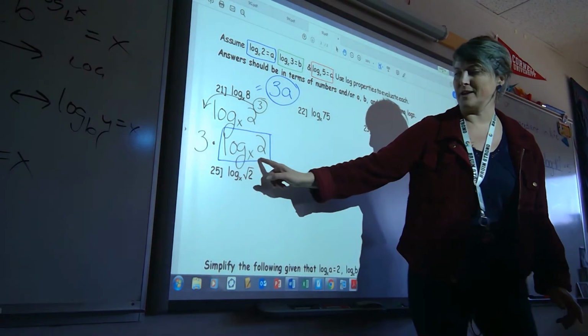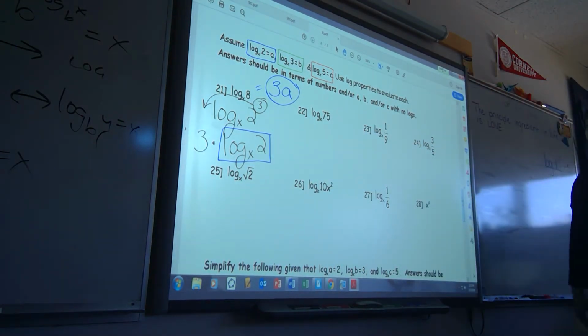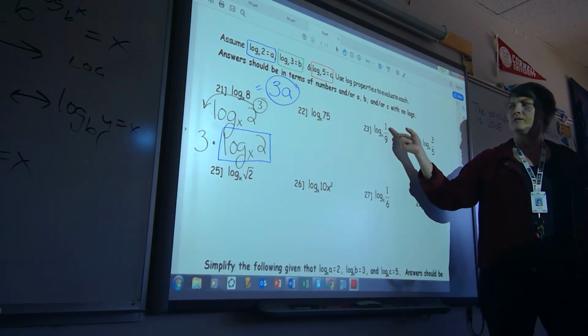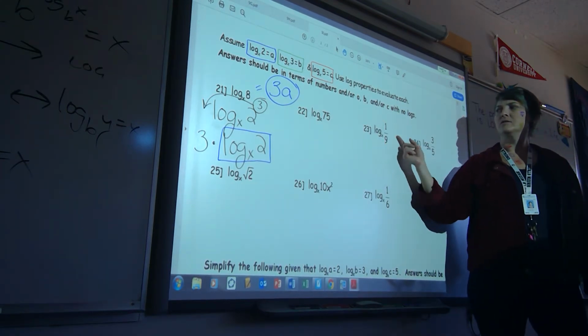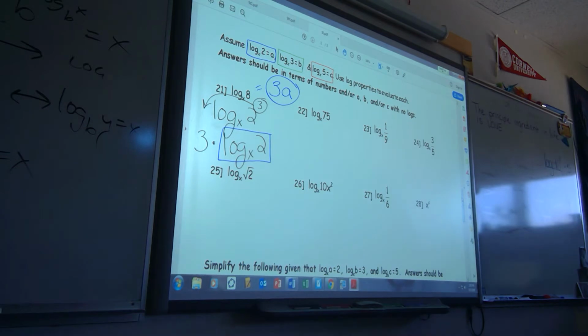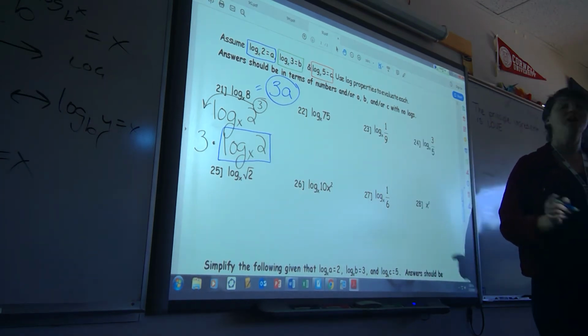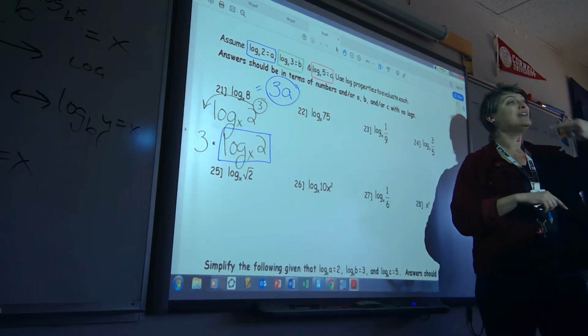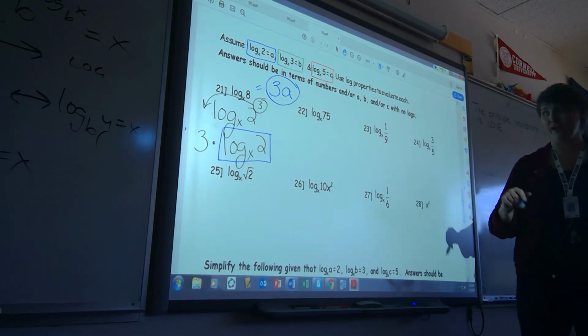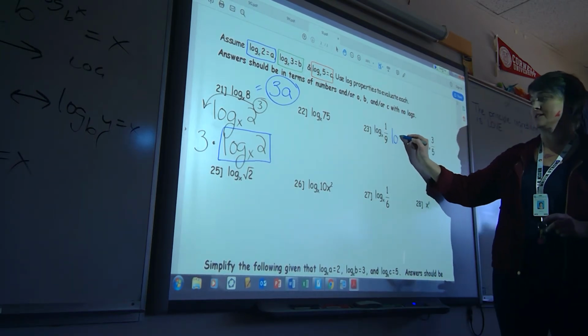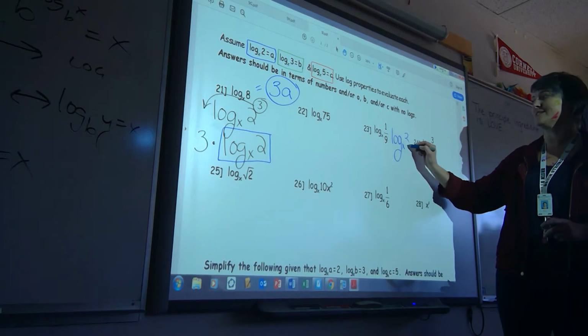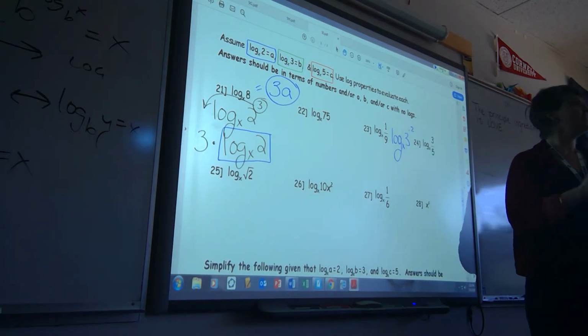If you see radicals, make that a fraction exponent. What about this? What's that? Yeah, how about that? How about we write that as 3 to the negative 2? That might be the fastest way to do it. You could do it as log 1 minus log 9, but I think it'll be faster if you rewrite this as log base x 3 to the negative 2.